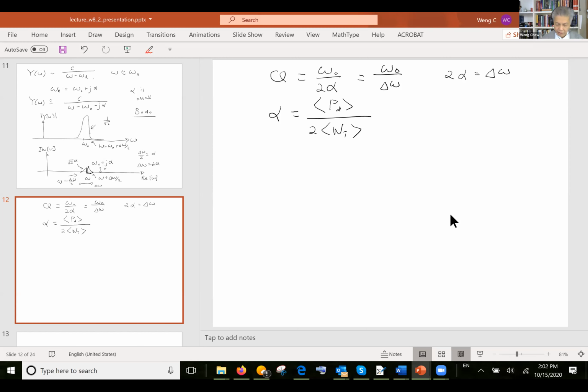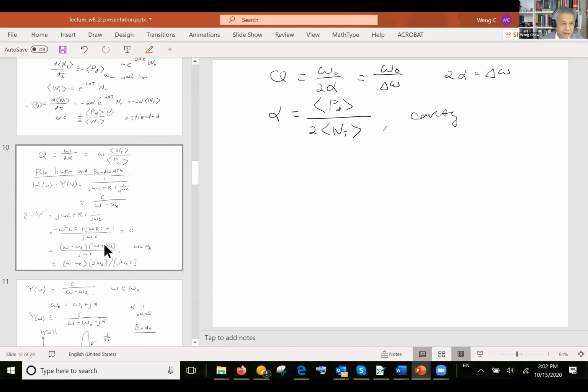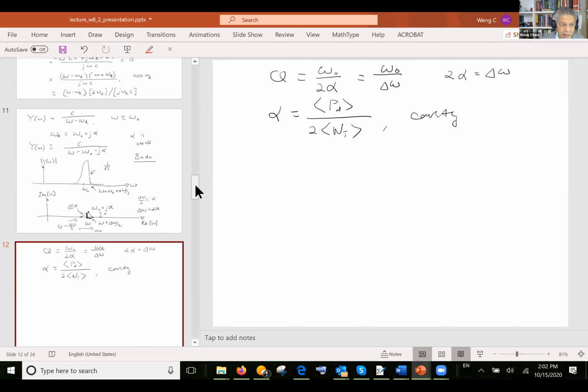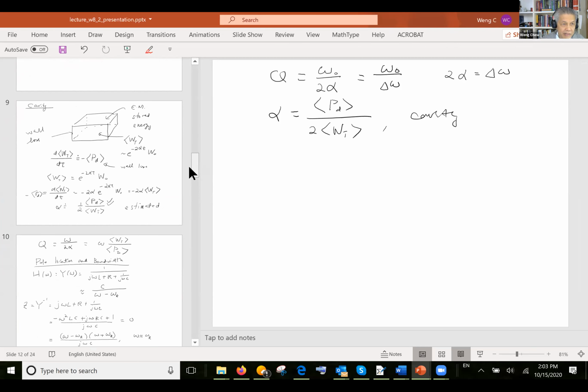In an RLC tank circuit, of course, you have a closed form formula. You can go to the RLC tank circuit and solve this equation in closed form. But for an electromagnetic cavity, we don't have that liberty of having such a simple formula. However, we have this relationship between cavity loss and the decay factor using this energy conservation argument.